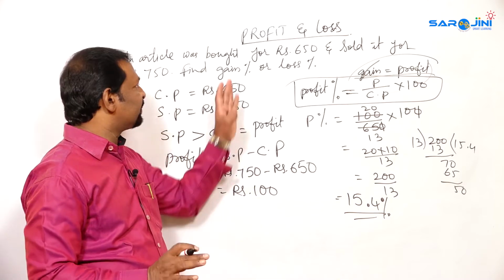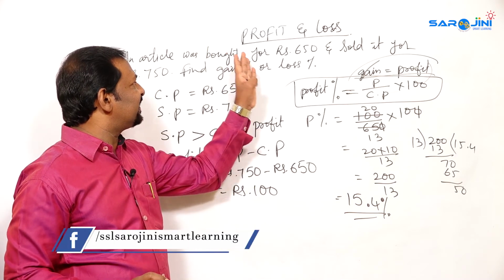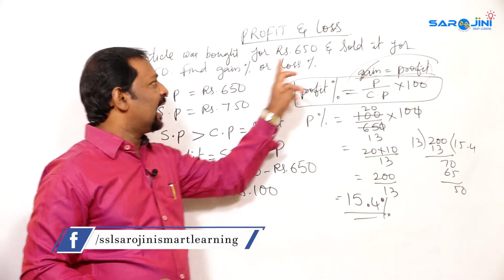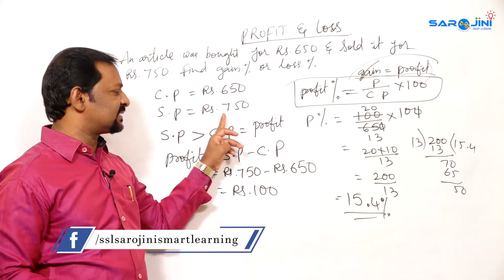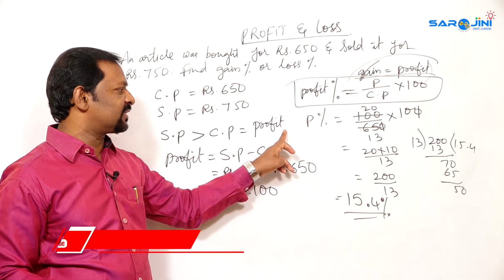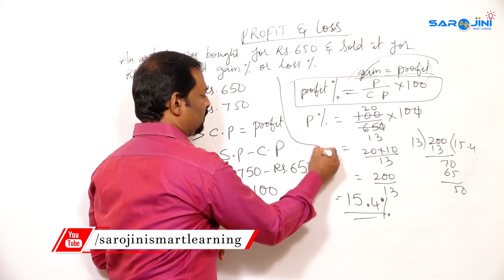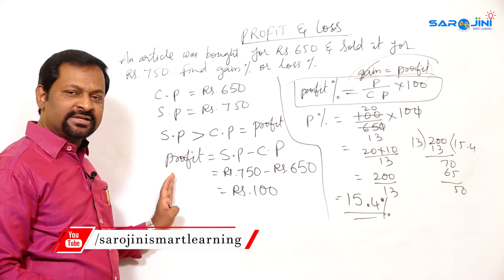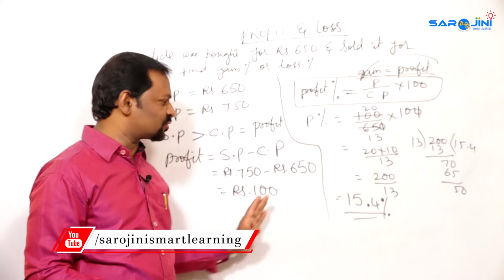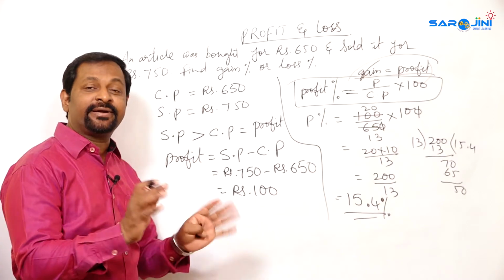First, a person bought an article for 650, that is the cost price, and sold it for 750, that is the selling price. Now here the selling price is more than the cost price, which we call profit. Profit is equal to selling price minus cost price, that is 750 minus 650, which is equal to 100. So 100 is his profit.